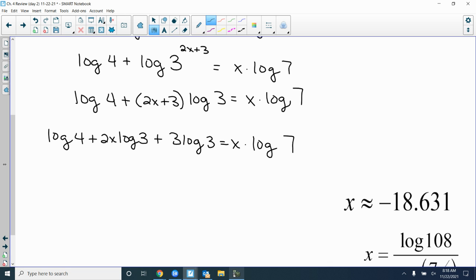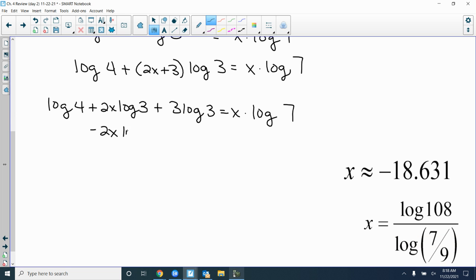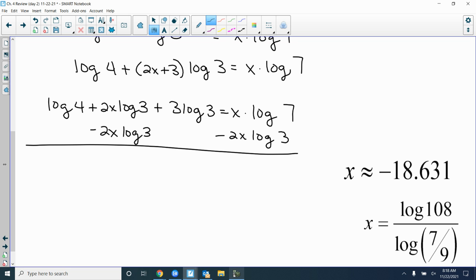So I have 4 terms. 2 of the terms have an x. I need to get everything with an x on one side, everything else on the other. The easiest way is to subtract this 2x log of 3. So subtract 2x log of 3, and then I get log of 4 plus 3 log of 3 equals x times log of 7 minus 2x log of 3.